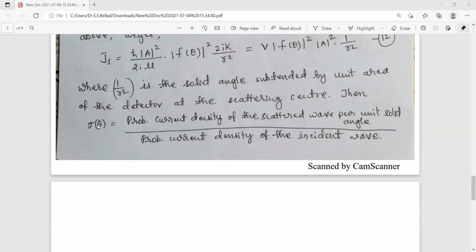Then the total scattering cross section is given by the probability current density of the scattered wave per unit solid angle divided by the probability current density of the incident wave. This is the definition of the scattering cross section.